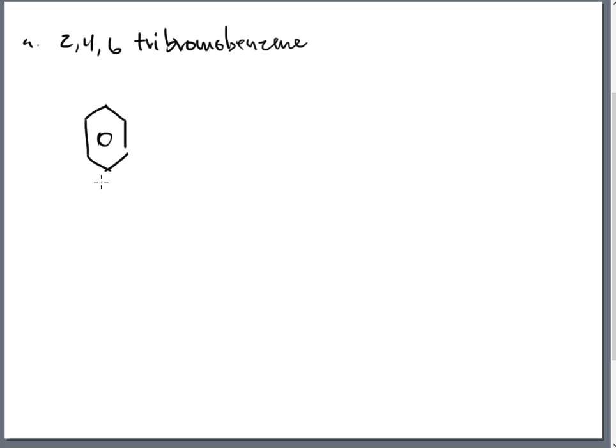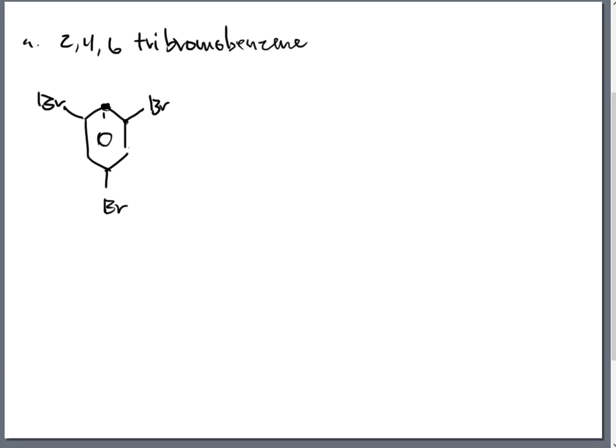There's the ring. 2, 4, 6. All right, so I'm just going to randomly pick one of these carbons as my first one, so I'll pick that as my first. So this would be carbon number 2, bromo. 3, 4, bromo. 5, 6, bromo. We'll start here.